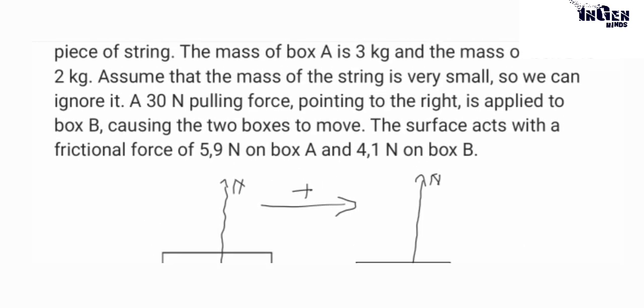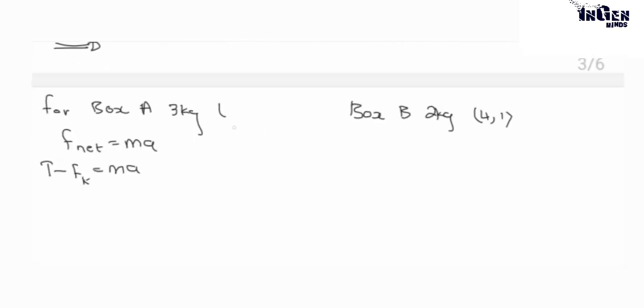It's 5.9 and 4.1. So we had right there, it's like a G, 5.9. Yeah, and then we're gonna substitute T minus 5.9 is equal to the mass 3, the acceleration that we do not have, and then at the end let's just make T the subject of the formula.